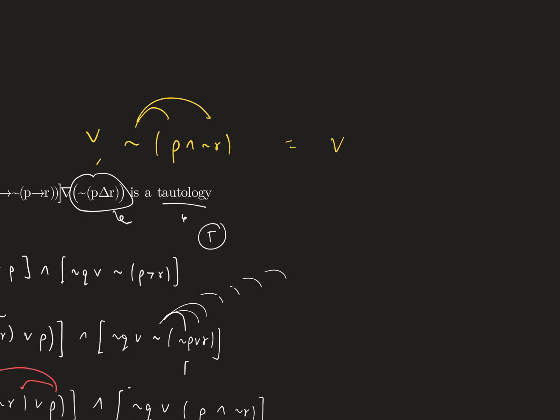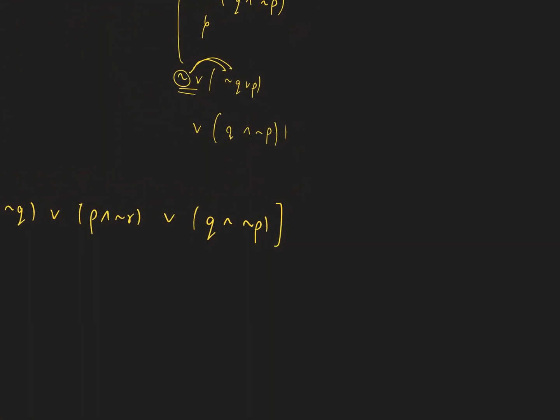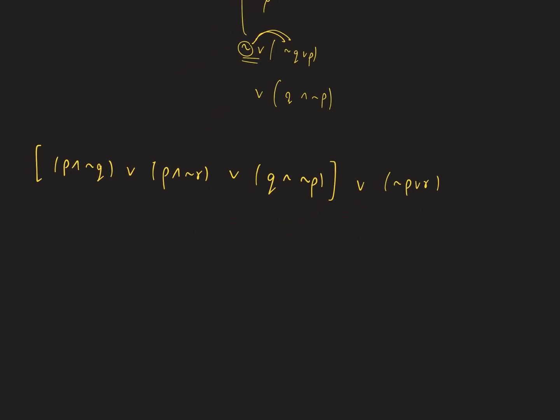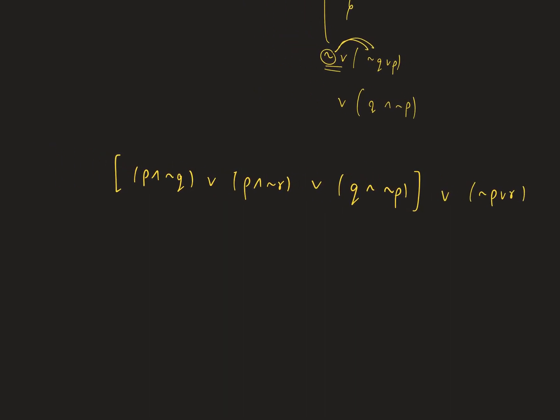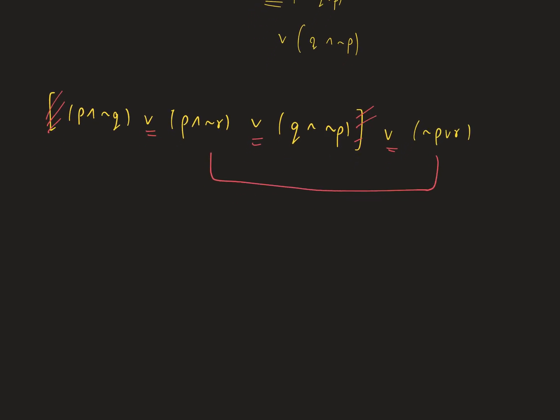So it's going to be not P or R. So I will write this down, not P or R. Well, since once again the connectors between each group is an or, so I can remove the parentheses here and let us focus on this one.